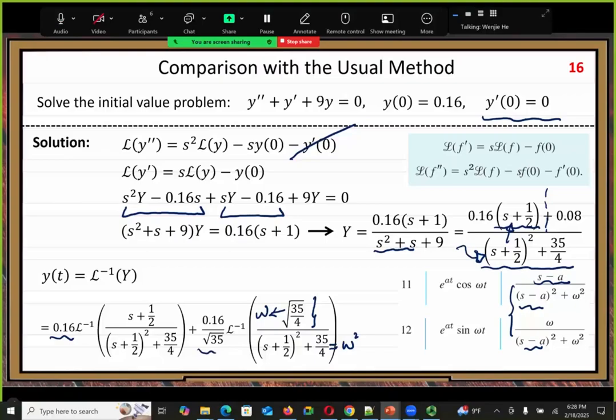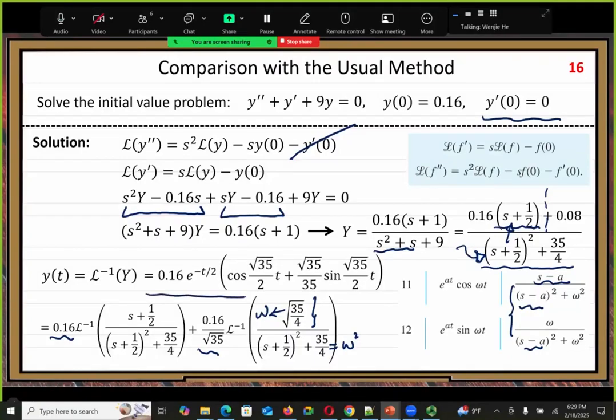So after simplification, you can get that. Then just use the formula directly. Inverse Laplace transform directly, so you get the solution. This one you can see is pretty straightforward.